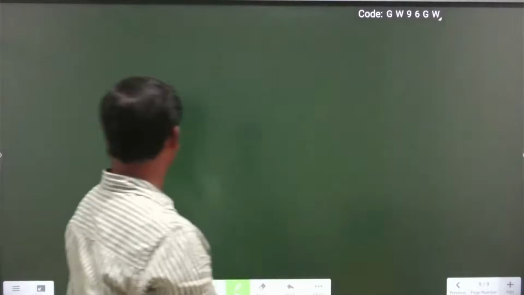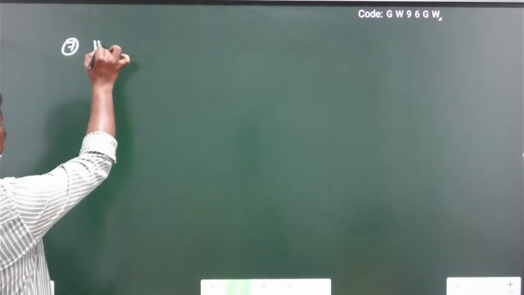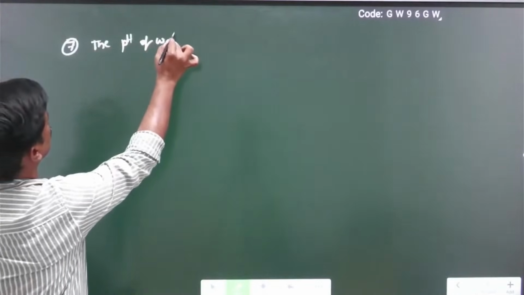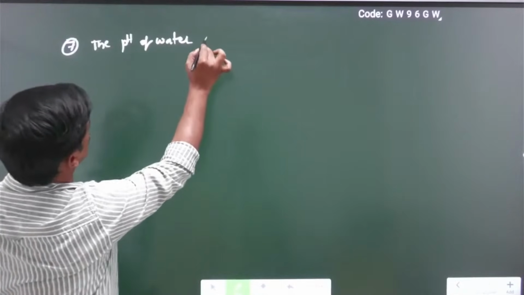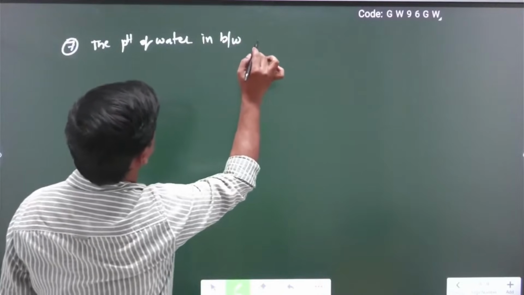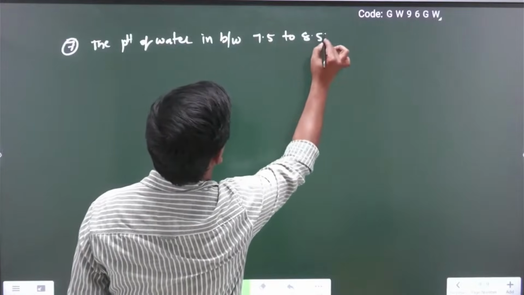After that, next we have the seventh one, the pH of water. The pH of potable water should be in between 7.5 to 8.5.